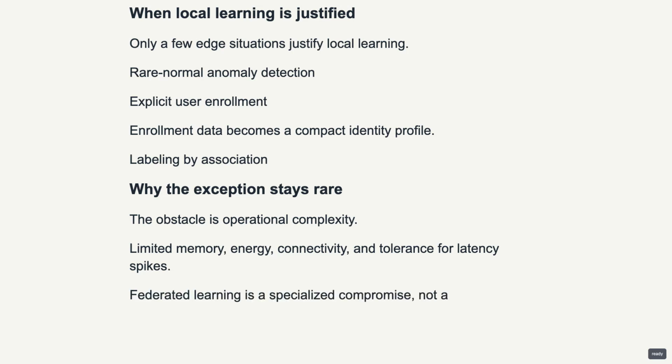Federated learning sits in the middle because devices can contribute training signals without sending raw data back. Even so, it brings orchestration overhead, communication cost, and security issues like poisoning and unreliable participants.